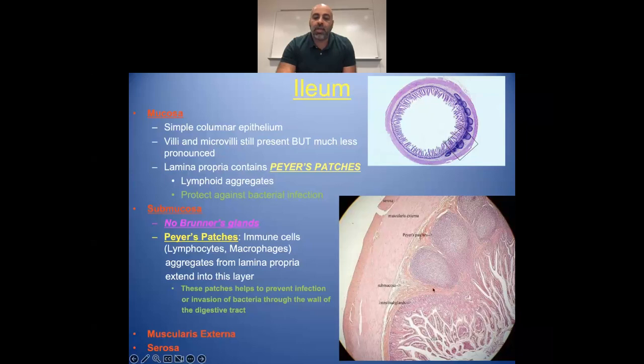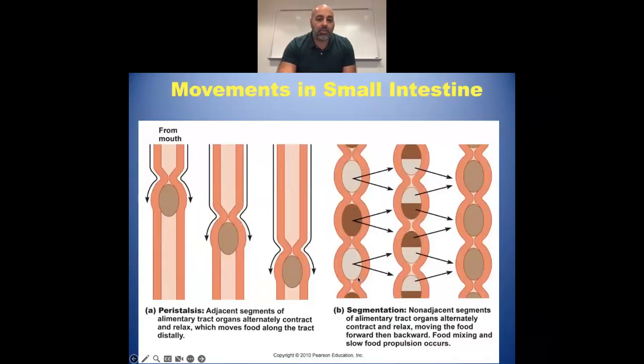Same thing here. And it can get into the mucosa and submucosa. It penetrates into the submucosa. We talked about peristalsis, that's movement. Segmentation is to mush it up, mash it up, mix it so that we can have more absorption of nutrition.